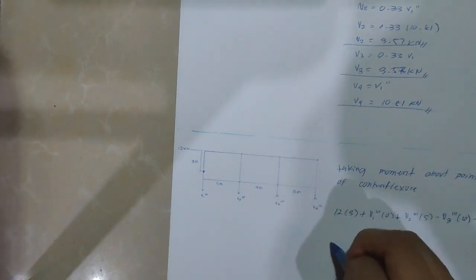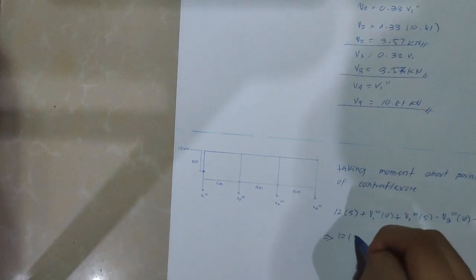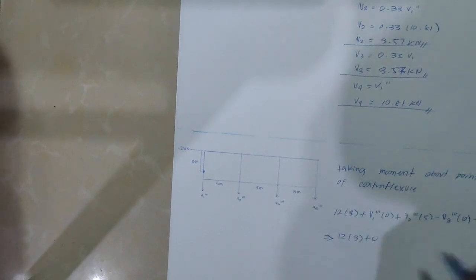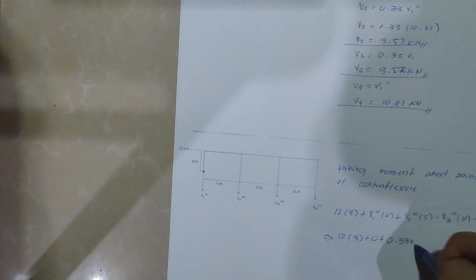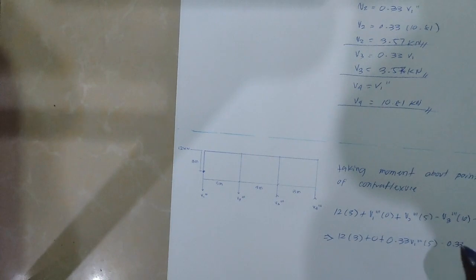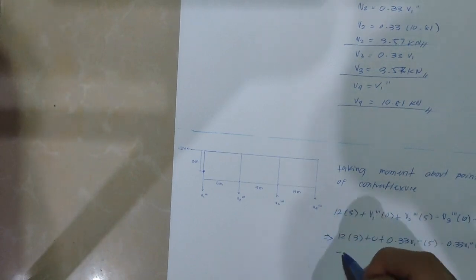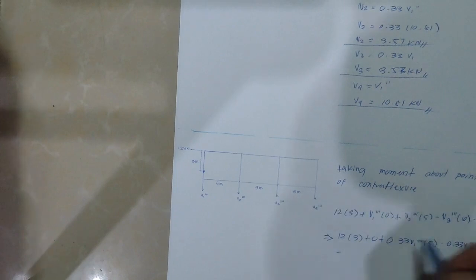So we rewrite it with the values: plus 0, V2 is 0.33 V1 times 5, minus 0.33 V1 triple prime times 10, minus V4, which is V1 times 15, equals 0.